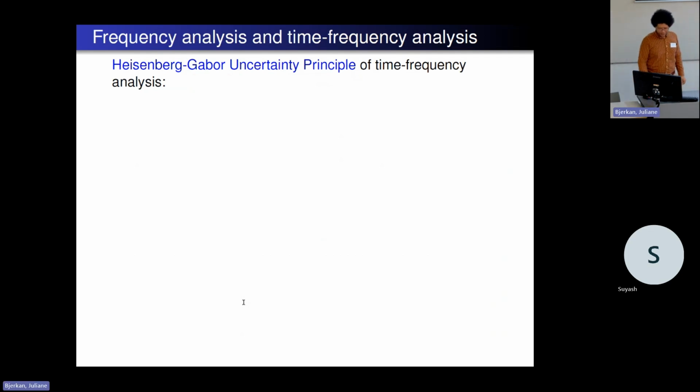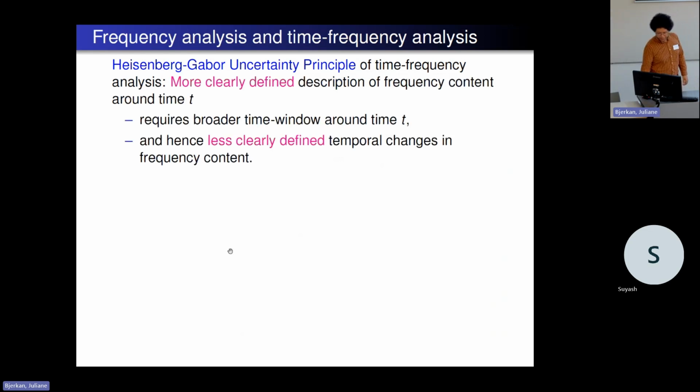Now, we have the Heisenberg-Gabor uncertainty principle, which is very important in time frequency analysis, which is that to have a more clearly defined description of the frequency content around time t requires a broader time window around that time to be able to investigate the oscillations better, but that then gives a less clearly defined description of the temporal changes of frequency content.